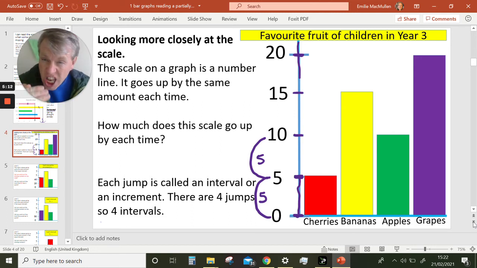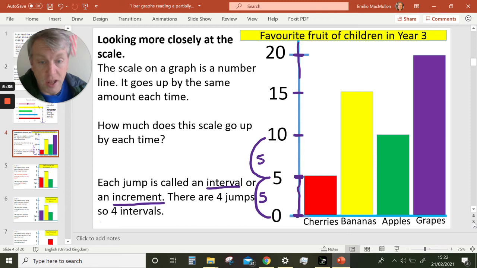On this number line, the scale is always going up, if we're counting up, or down, if we're going down, by the same amount each time. And each of those jumps, we're good to know these words in maths, is called an interval or an increment.